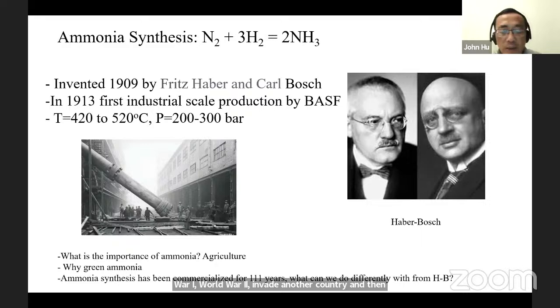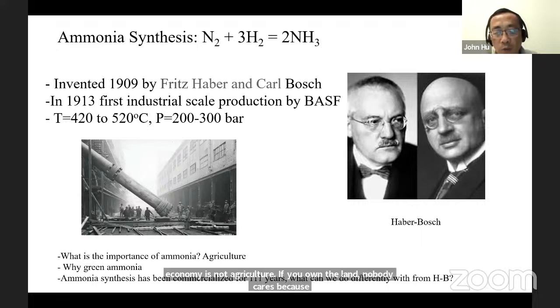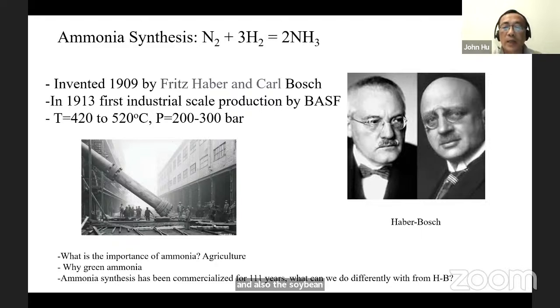Today's economy is not agriculture. If you own the land, nobody cares because the land per acre can produce much more food than you need. As I said, the US exports corn and soybean, any agricultural product, because the production is so high.